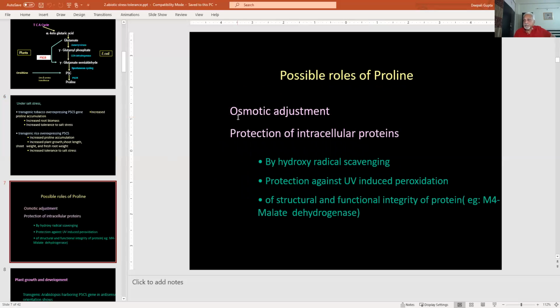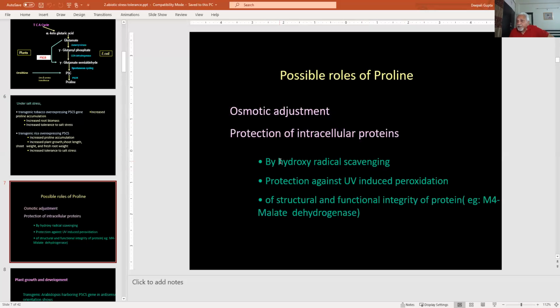Now, the question was what proline does to give plants osmotic stress tolerance. One of the functions proline does is osmotic adjustment. It also protects intracellular proteins from degrading.